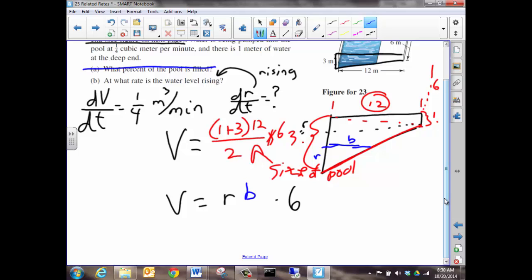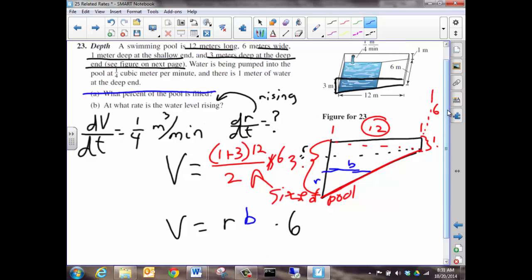How are we going to take into account this little rectangle up here? Length times width times height. Is the water up here? So does it really matter? Not yet. We're talking about when there is 1 meter of water at the deep end.